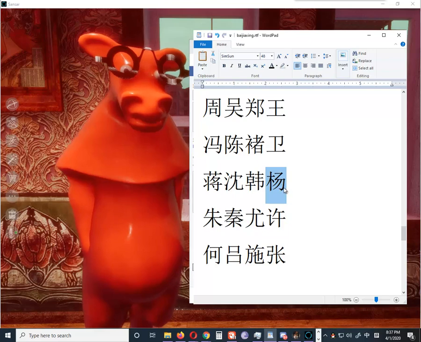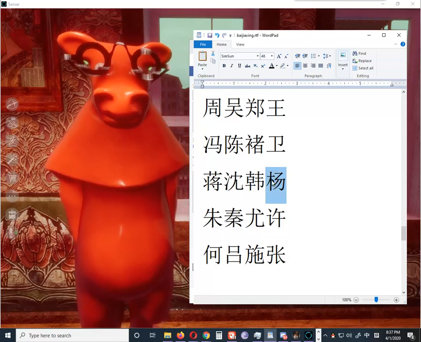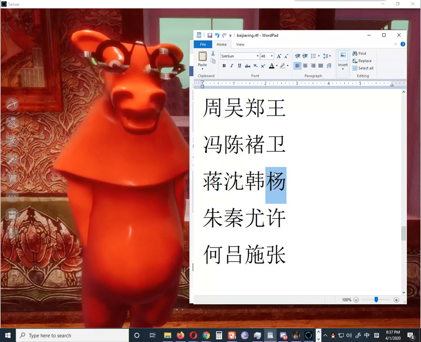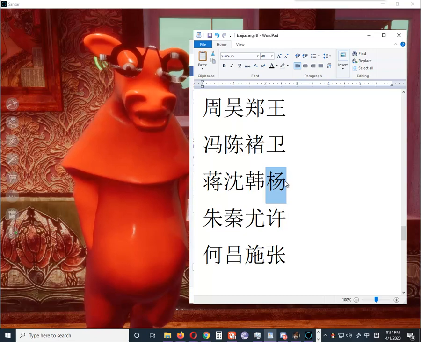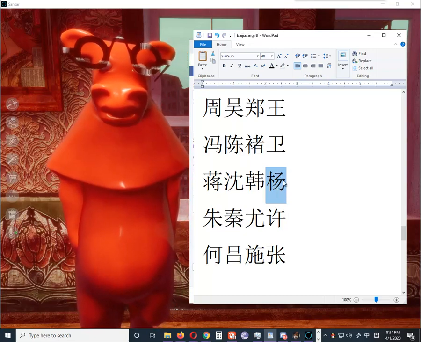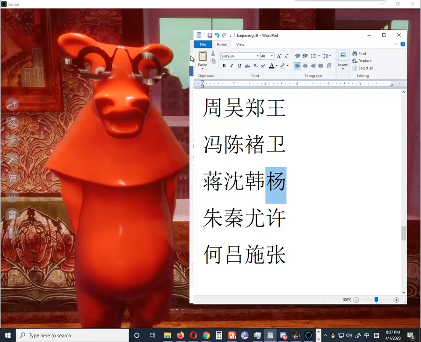And this one, what's the radical there? Do you know what that is? Mu. It's wood. How many strokes? 4. Okay. How many additional strokes? I'm not sure. 1, 2, 3, maybe 3 strokes. Well, let's try. Could be 4.